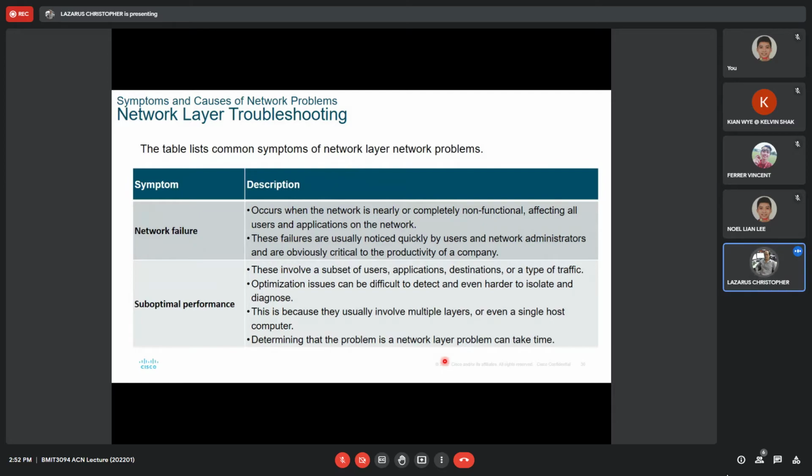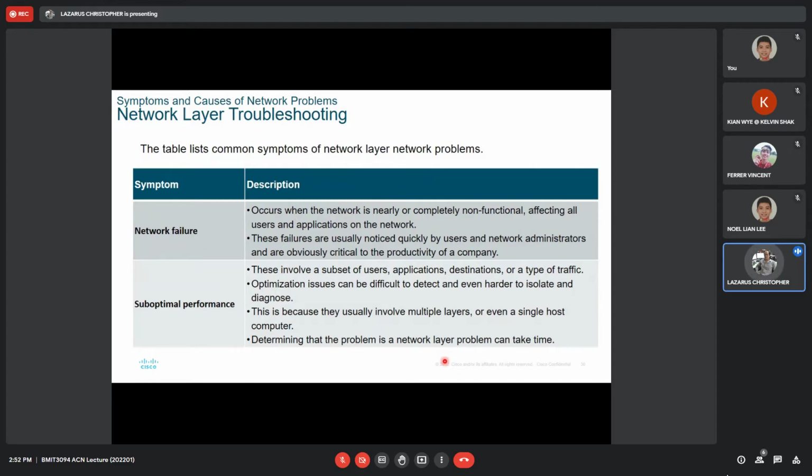You look into the PDU and check what the protocol is, and you find it's BitTorrent. Not all suboptimal performance is due to that, but it's harder to detect because it could be something non-network related, like a user consuming a lot of bandwidth.